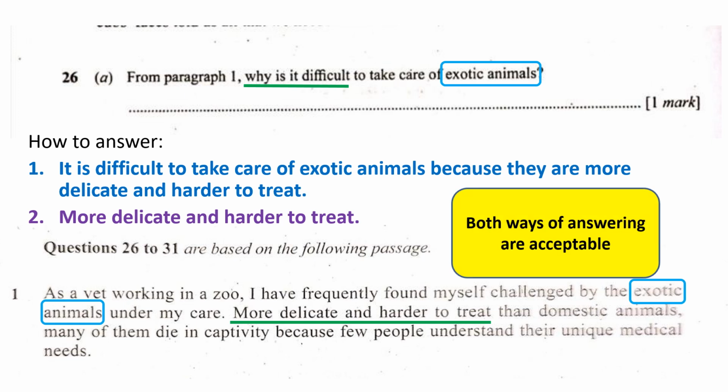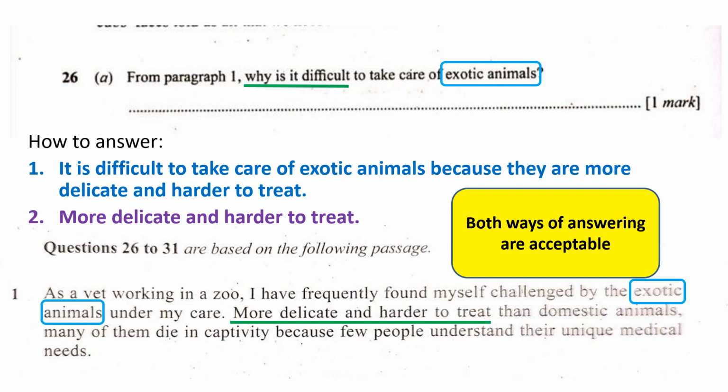But you must remember this. English subject and BM subject are not the same. They often vary and differ in many things, and this is one of them. In Bahasa Melayu Pemahaman, if the question asks you, "Mengapakah menjaga haiwan eksotik itu sukar?", you answer "Menjaga haiwan eksotik itu sukar kerana..." You have to answer in full sentences.